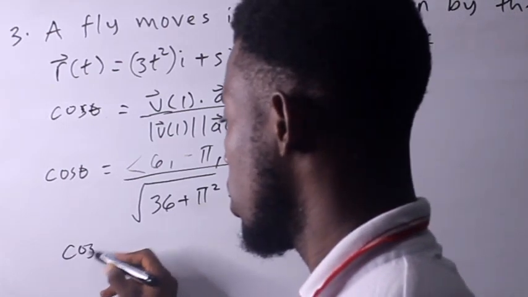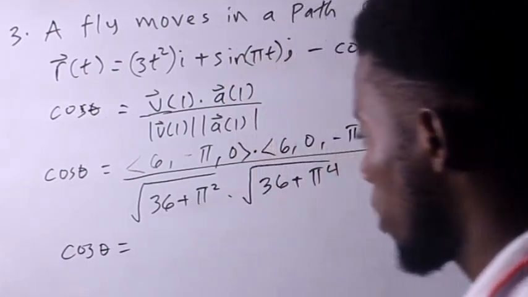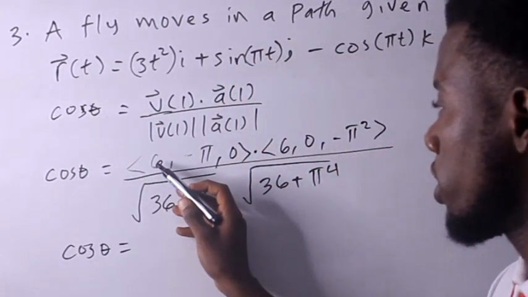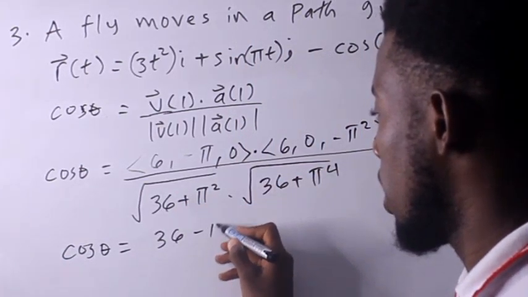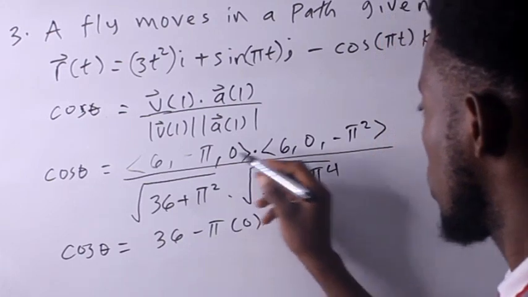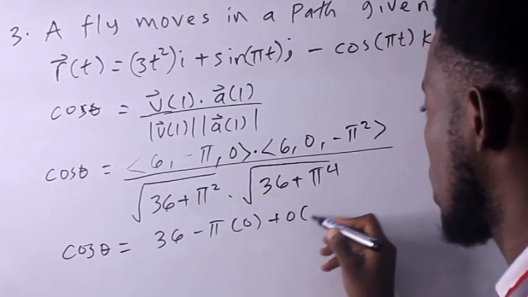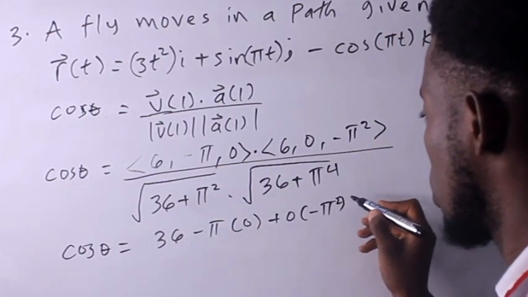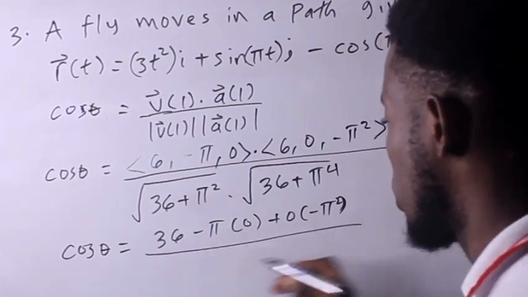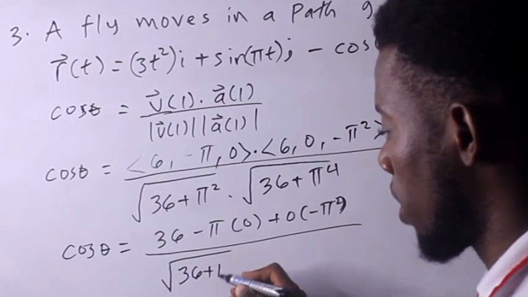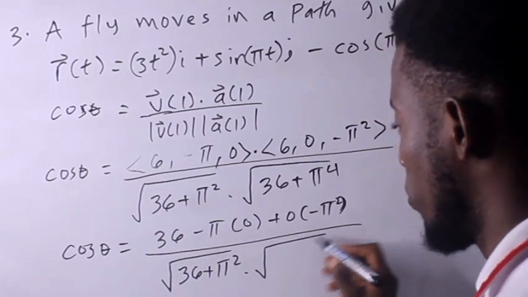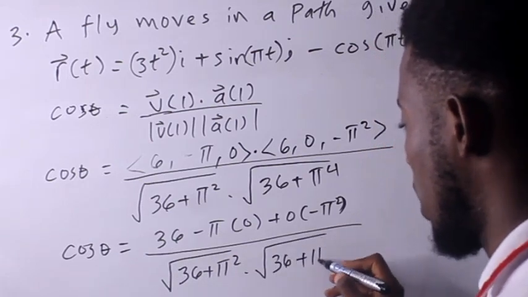So cos of theta will be equal to, let's find the dot product. 6 times 6 is 36, and then negative pi times 0, and then 0 times negative pi squared, all divided by the square root of 36 plus pi squared times the square root of 36 plus pi to the 4th.